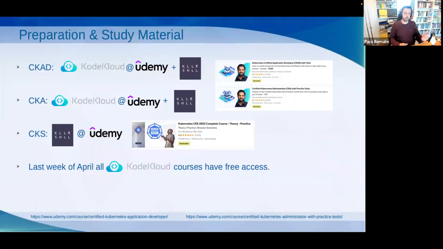And after I finished the course, did all the labs, all the mock exams, I bought the real exam, and with that you get a Killer Shell environment. Actually, 2 Killer Shell environments per exam. I will show you how they look afterwards, and why you need them.